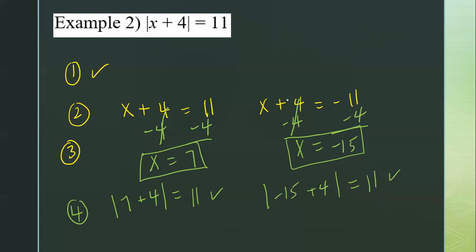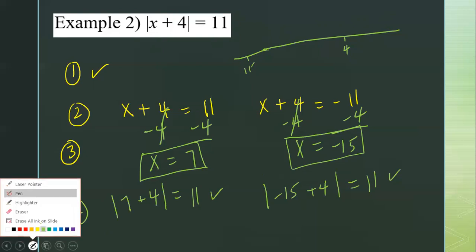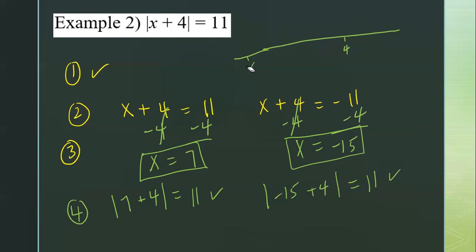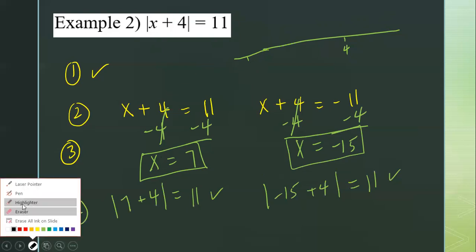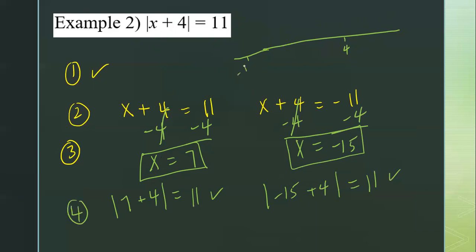So what this means on a number line is that if I'm at 4 and I go where? From -15. So I have -15 over here. I have -15 over here, and I have +7.